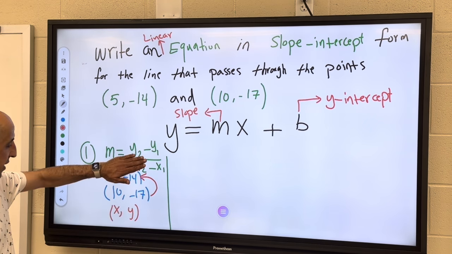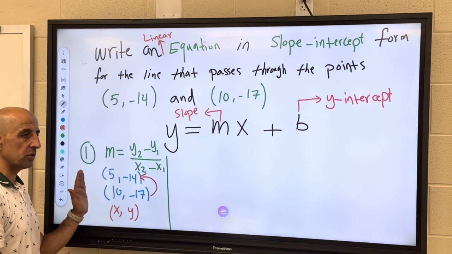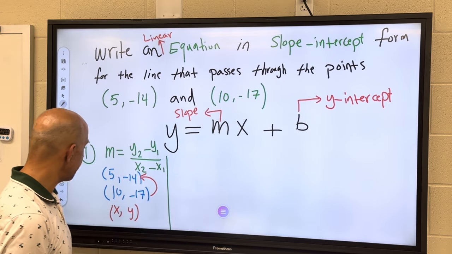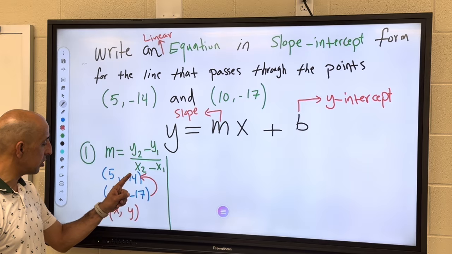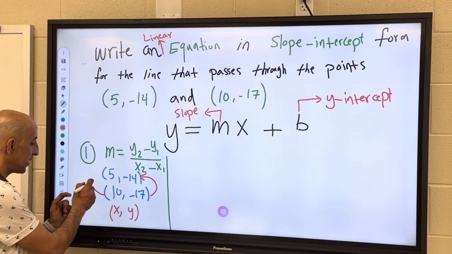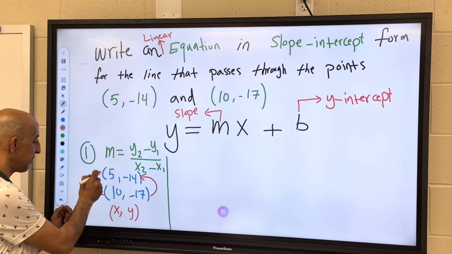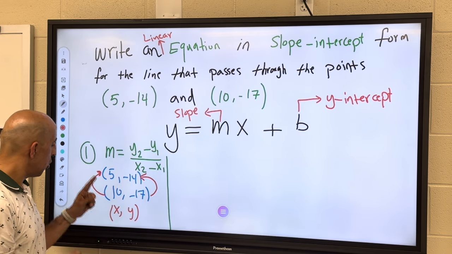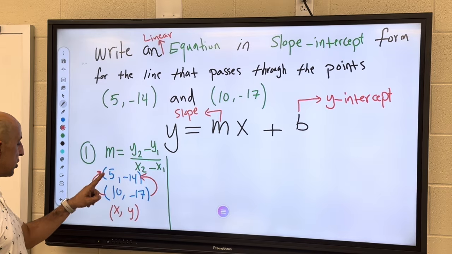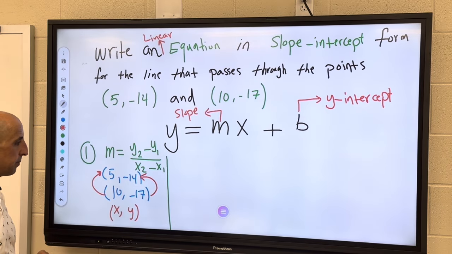Whatever direction you choose on this side, you must choose the same direction on the other side. If you choose from negative 17 toward negative 14, you should continue with 10 toward 5. Or if you choose from negative 14 toward negative 17, you should choose from 5 to 10.